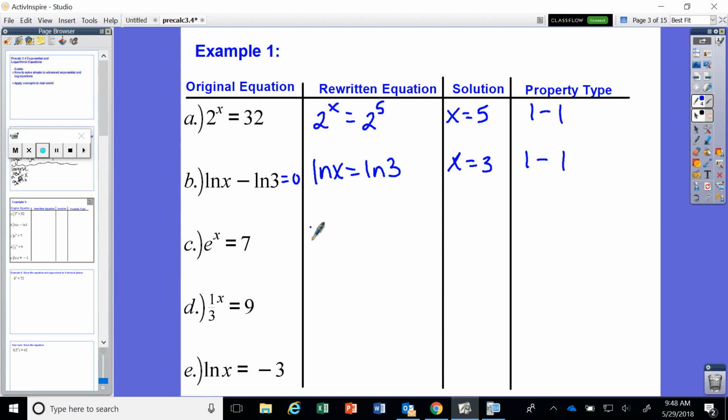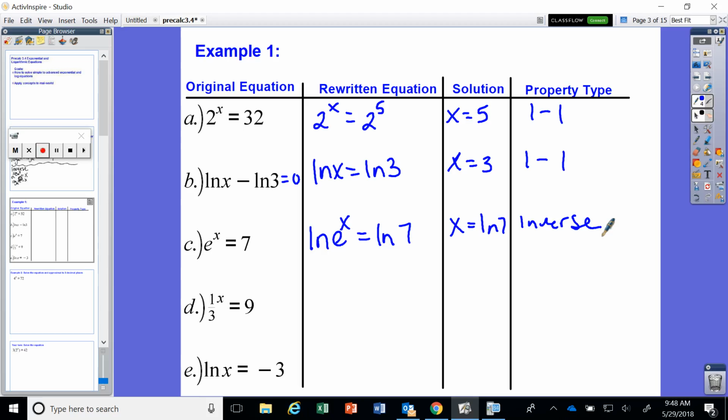Well, that's using our inverse properties. Because what do we know? We know the natural log of e to the x is just x. So this means that x equals the natural log of 7. There's an inverse property being used right there.